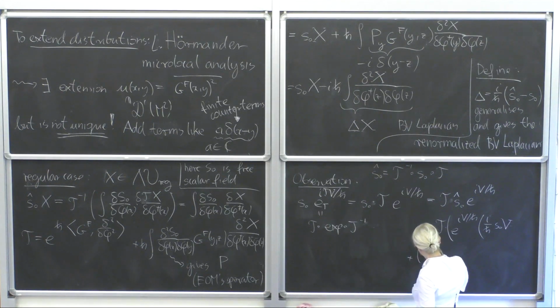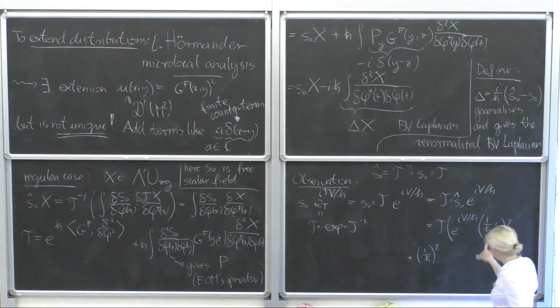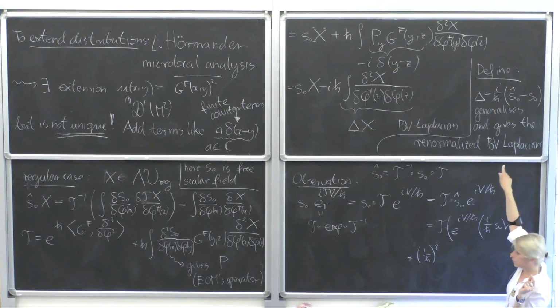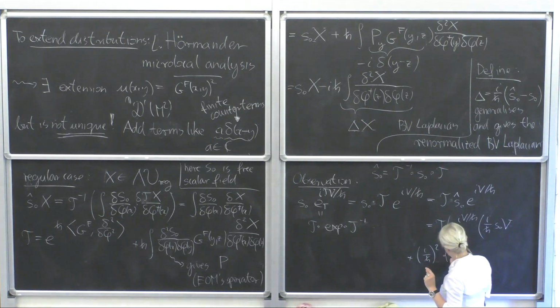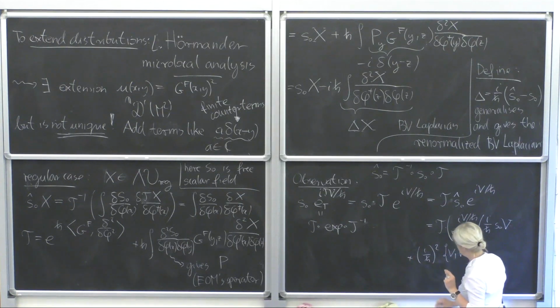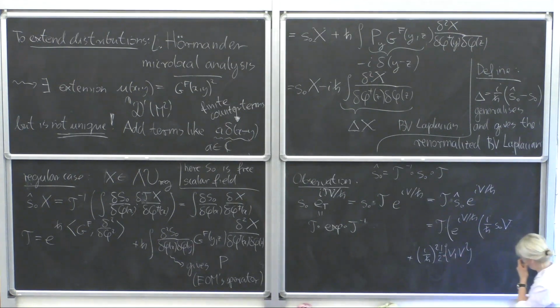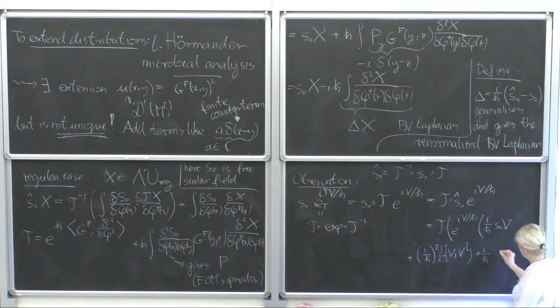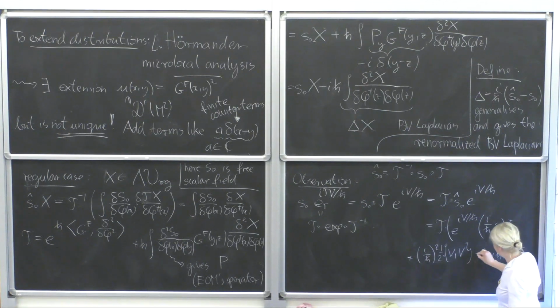Never get away with this. Okay, so this is the second order term where I differentiate twice with the BV Laplacian and get something like that, 1/2. And there's going to be a term of this form, i h bar delta V. With any luck, minus, I might be able to pull this off.